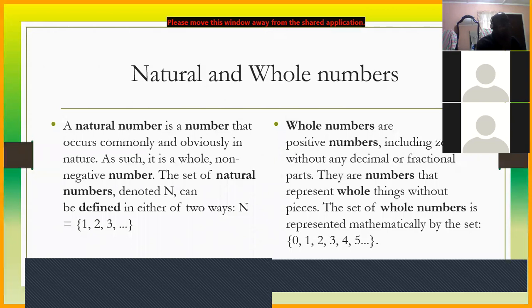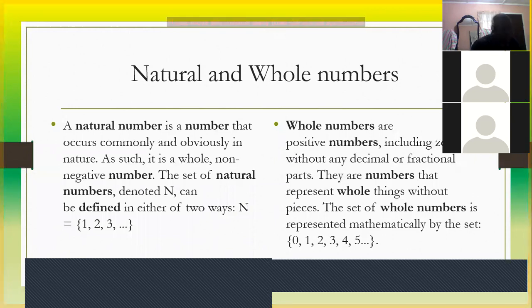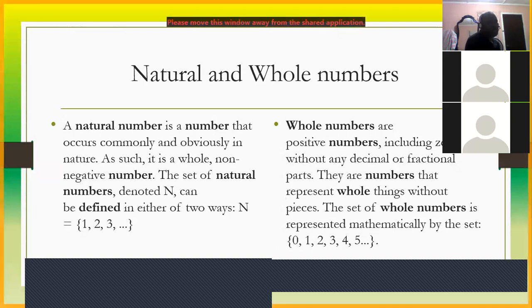So whole numbers include zero and they don't have any decimal or fraction. For example, 1, 2, 3. Okay, good. So it includes zero and doesn't have a decimal nor a fraction. So what's the difference between it and the set of natural numbers?